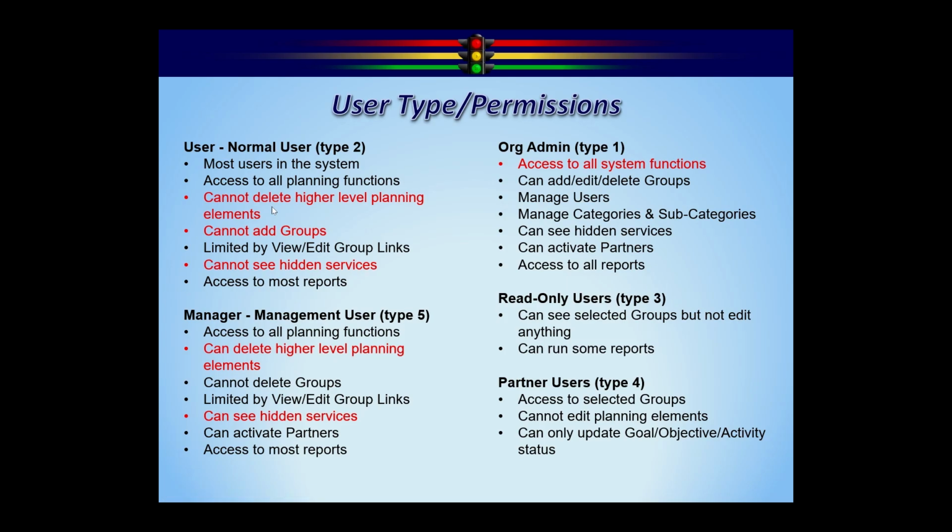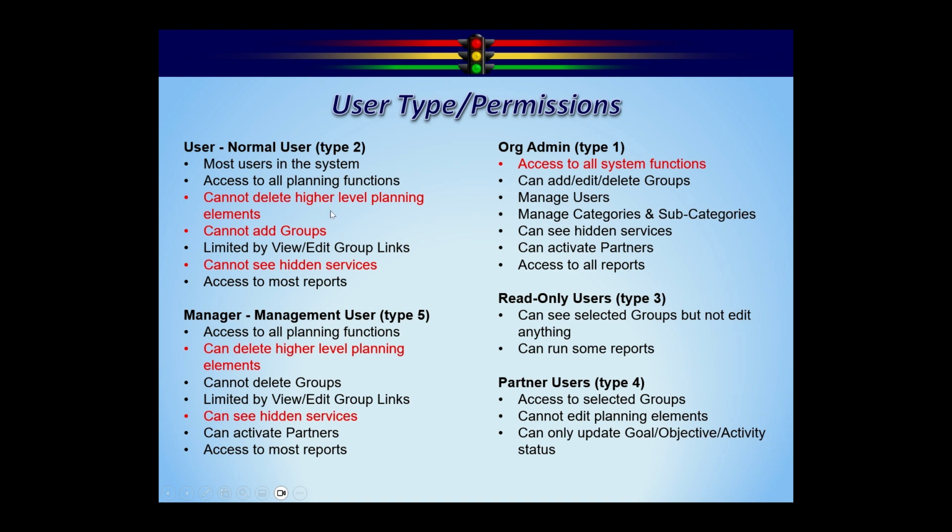So a normal user can delete an objective. Now remember, when you delete an objective, you're also deleting all the associated activities underneath that objective. So let's say you have one objective and you had 20 activities underneath it. If you delete that objective, in fact, you're deleting 21 planning elements in here. So be cautious. And that's why we limit it for normal users, to try to keep them under control a little bit there.